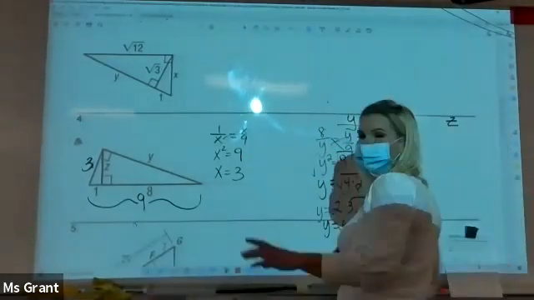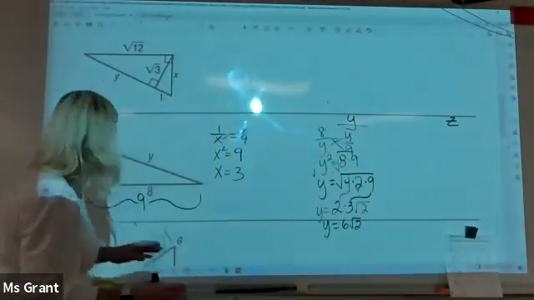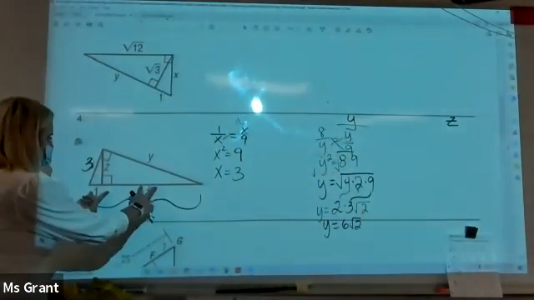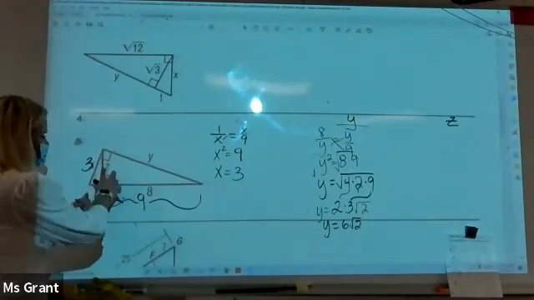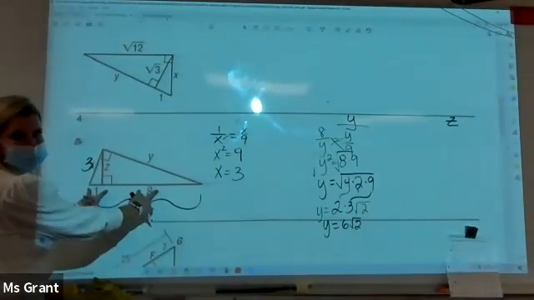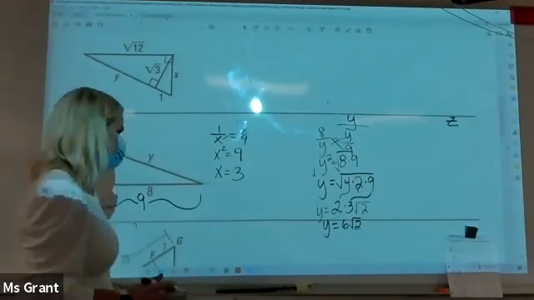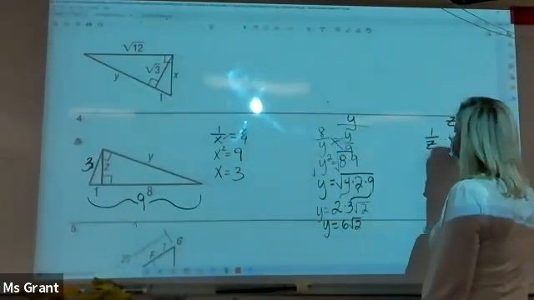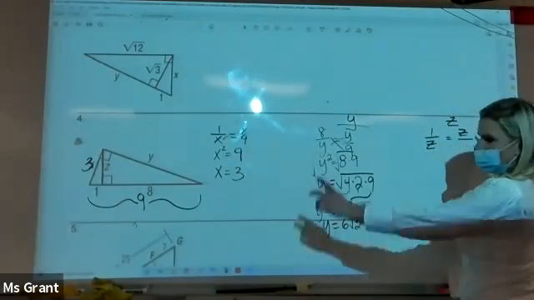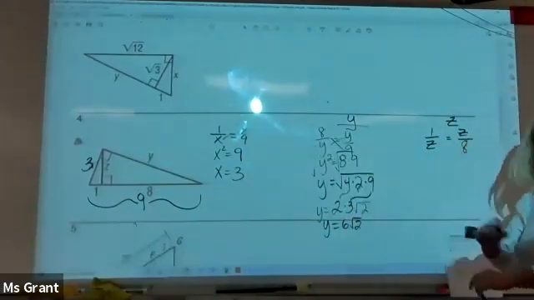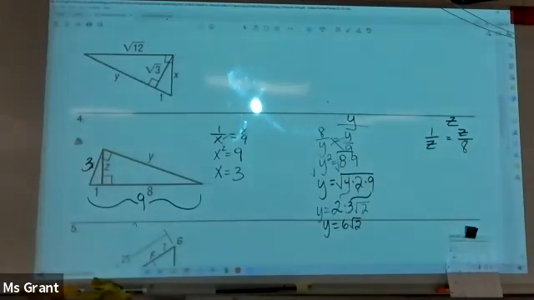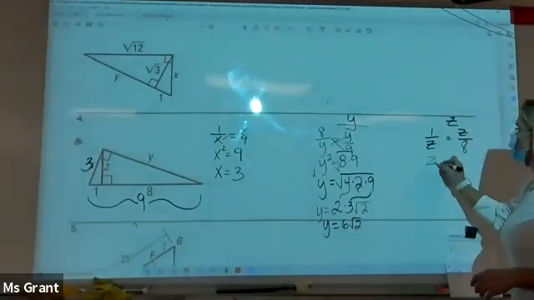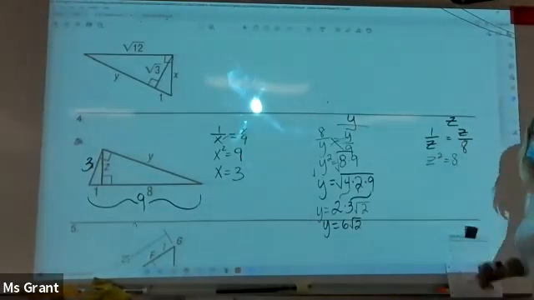Z, we talked about Z, that's the altitude. The altitude uses the 1 and the 8. It's the adjacent legs, Z and 1 and 8. 1 over Z equals Z over 8. Z squared equals 8.